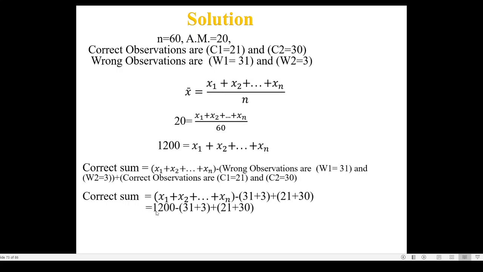If we calculate this, we get 1200 minus 34 plus 51, which is equal to 1183. This is our correct sum.